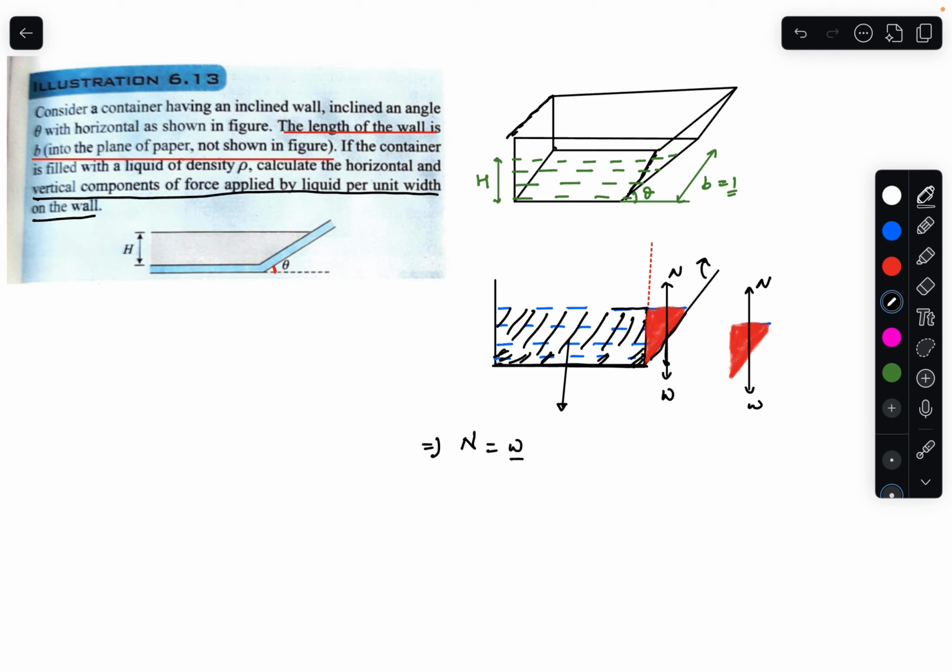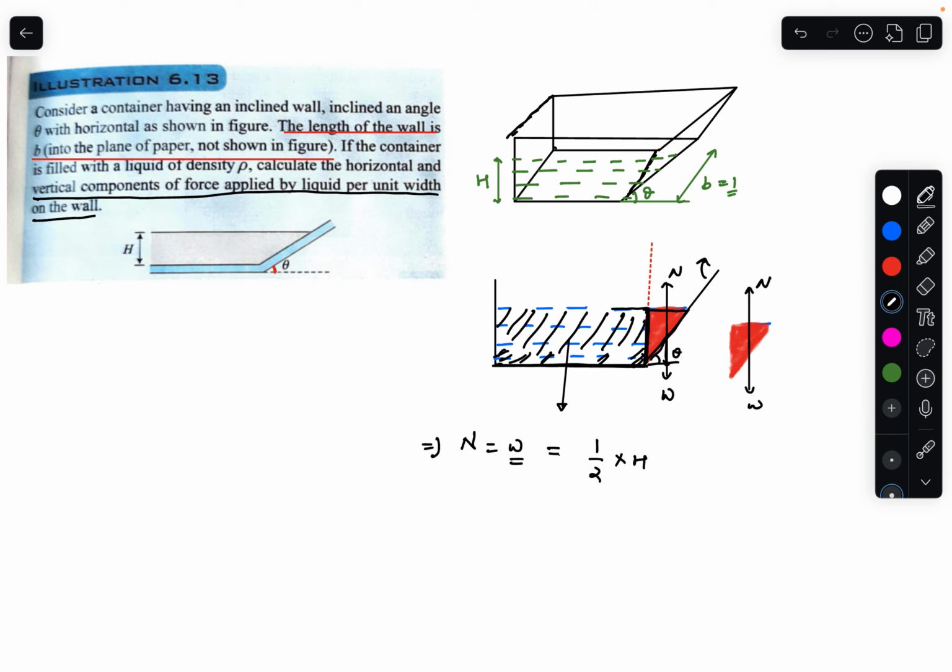So I just need to find out the weight. For the weight I need to take the volume, and for the volume, first of all I will take the cross section area. The cross section area is basically the triangle's area, so you will say half times base. See, this height is h, and this angle is theta.